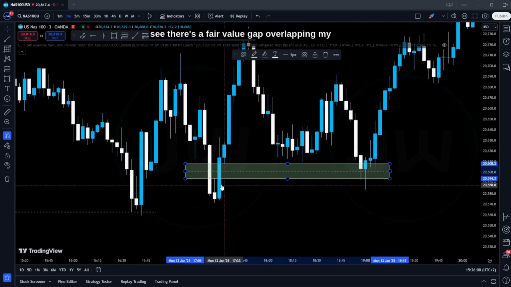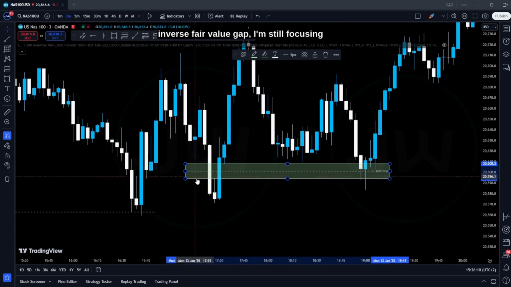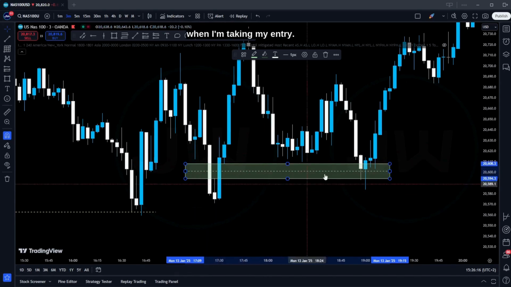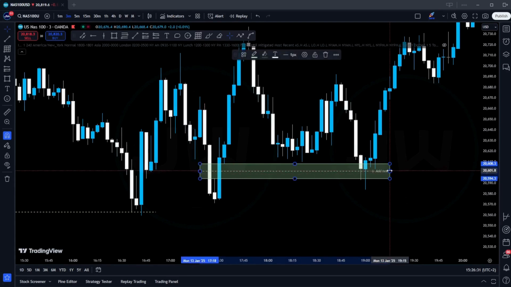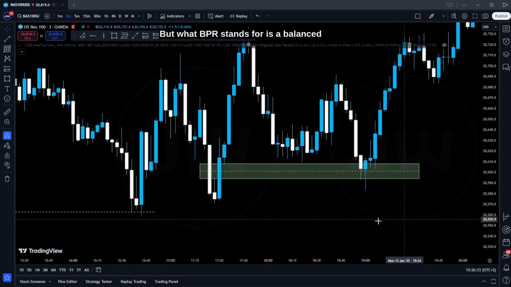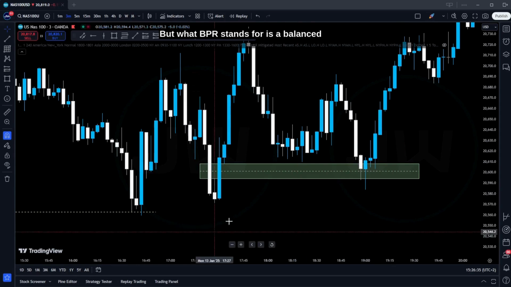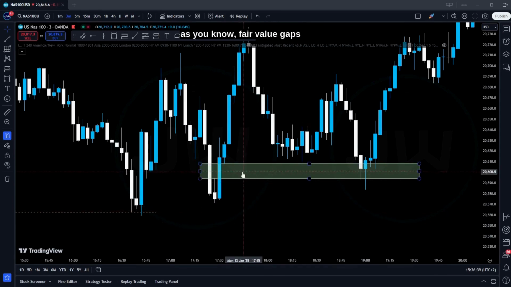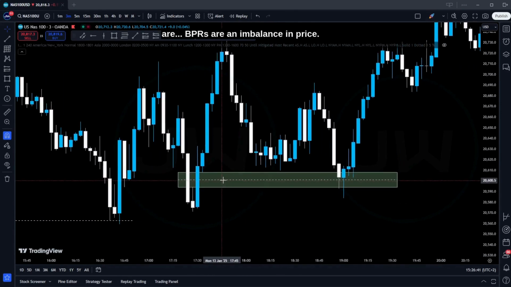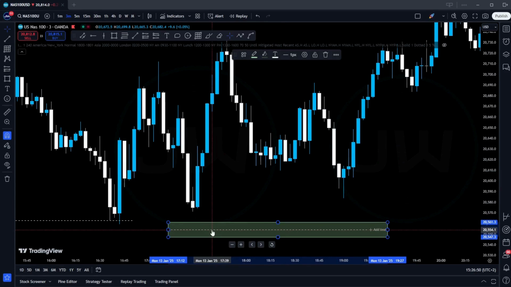If I see there's a fair value gap overlapping my inverse fair value gap, I'm still focusing on just one of the two when I'm taking my entry. BPRs are kind of like an additional confluence to note of. But what BPR stands for is a balanced price range. So as you know, fair value gaps are an imbalance in price.